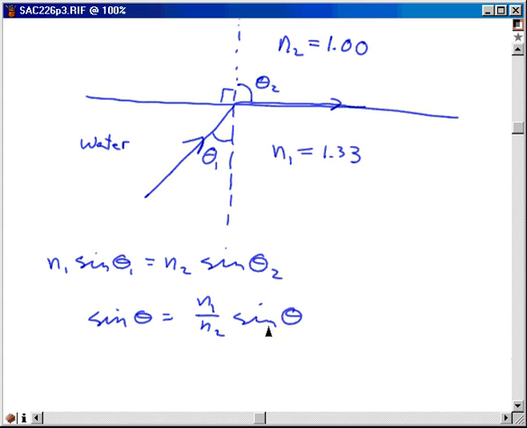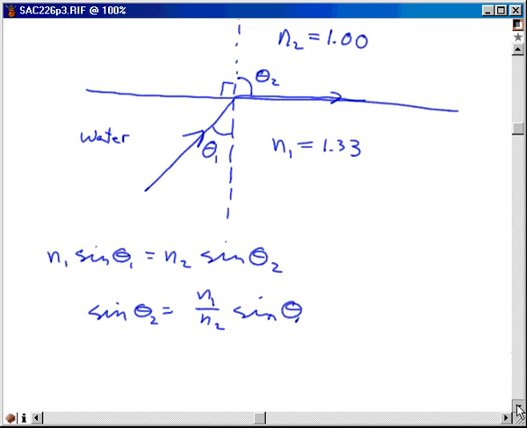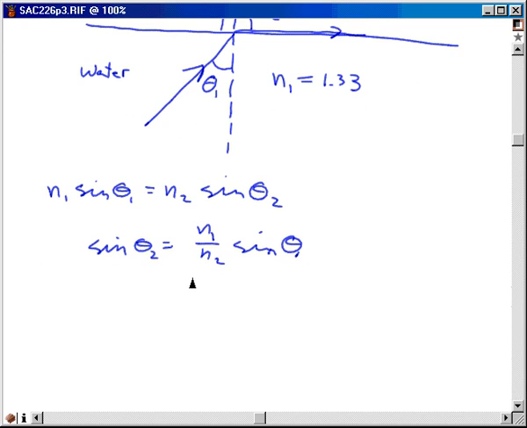Now here's the way I'm going to look at this. To solve for theta 2, the angle of refraction, I would have to take the arc sine of this side. Now, if this is less than 1, I've got no problem taking the arc sine of it, and in fact, I do have some refraction. Light gets through.